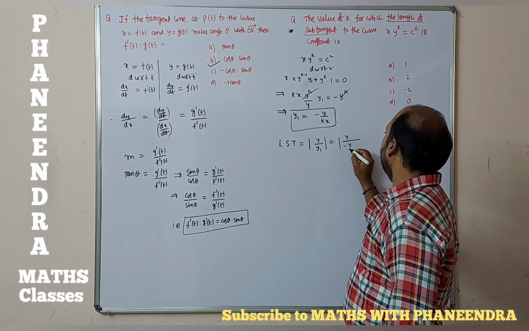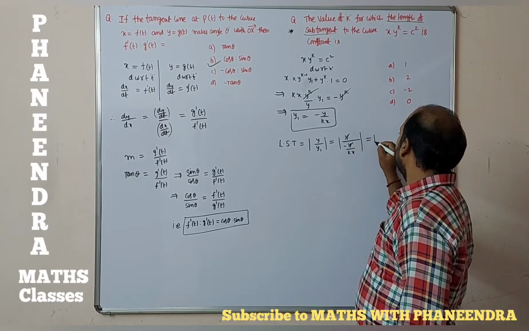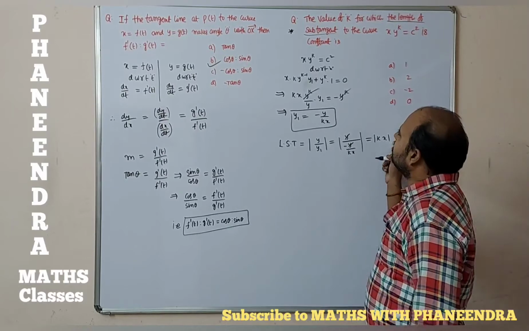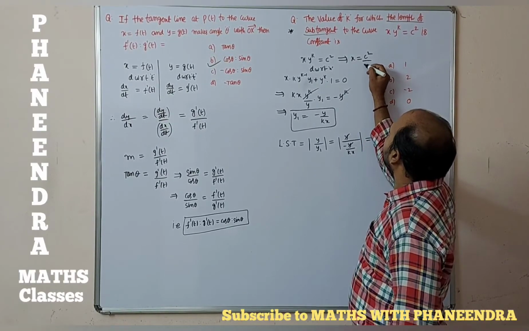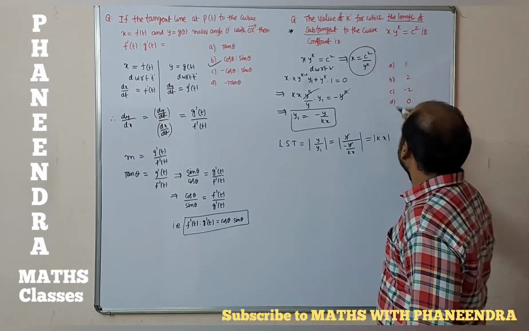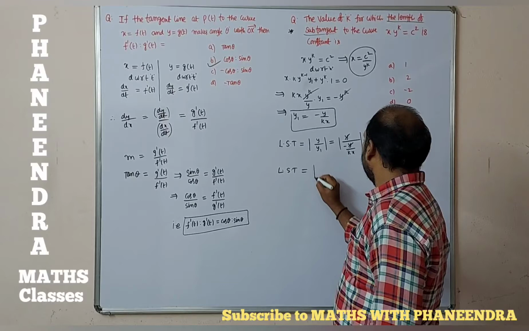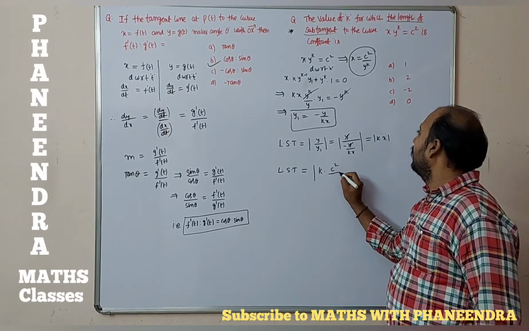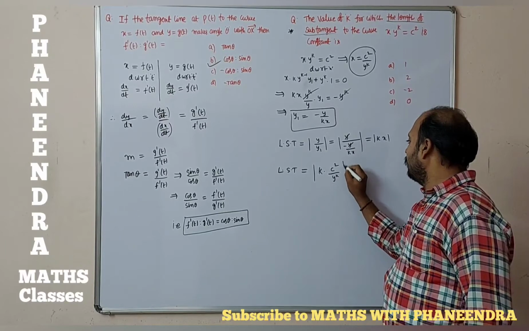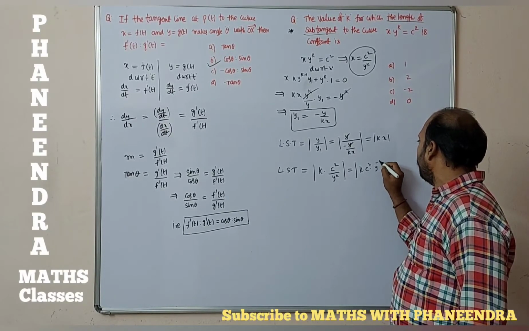Minus y by kx, y gets cancelled. That is equal to mod kx. What is the x value? From the curve, making x the subject, c squared by y power k. Substitute here: length of subtangent is equal to mod k into, in place of x, c squared by y power k. That is equal to k c square y power minus k.